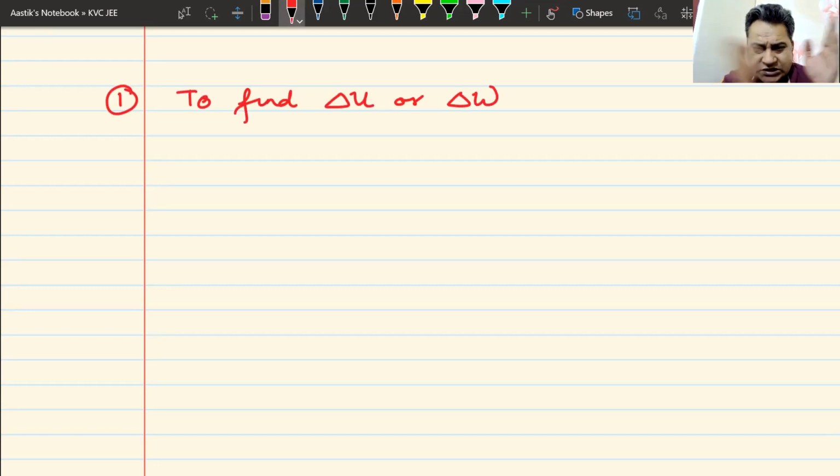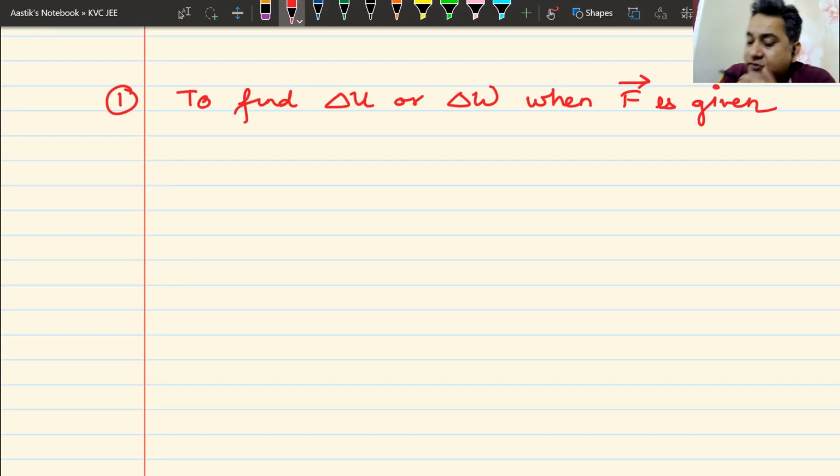Because if you calculate change in internal energy, that is actually equal to negative of work done. So the first category of question could be to find change in internal energy or work done when force is given, when the force in vector form is given.